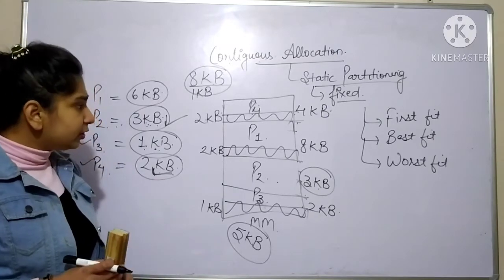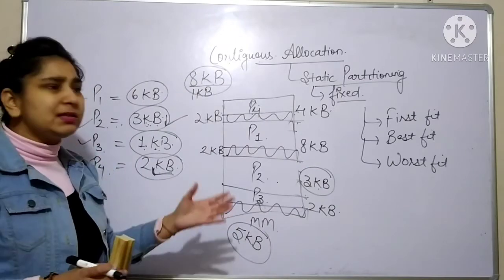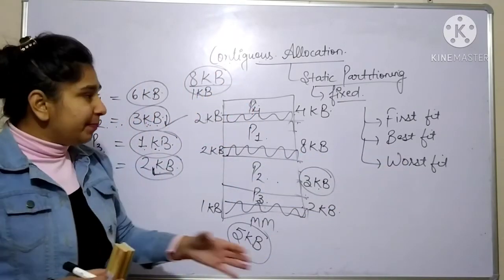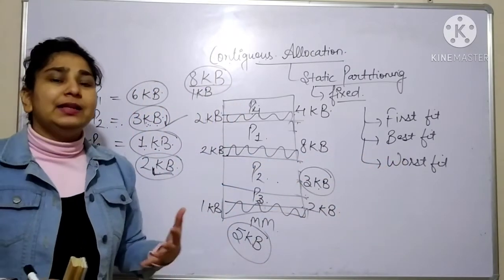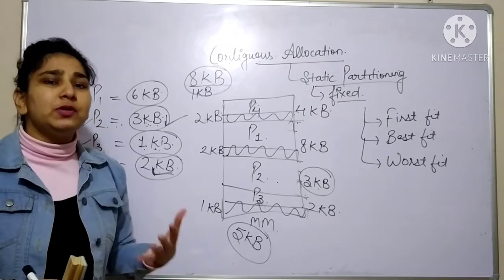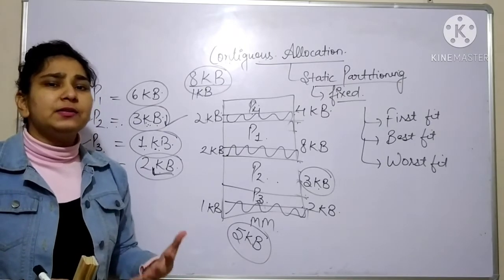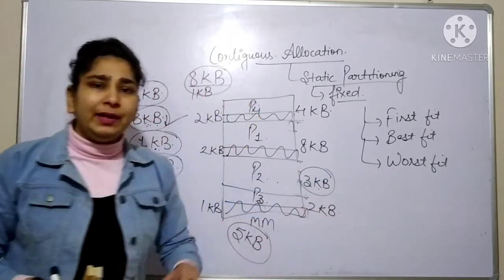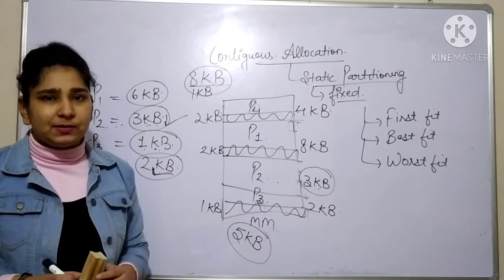Next we have worst fit algorithm. It is completely opposite to the best fit. In best fit, you try to find that partition for your process so that we can reduce the wastage of main memory space. But worst fit means you intentionally want wastage of space.